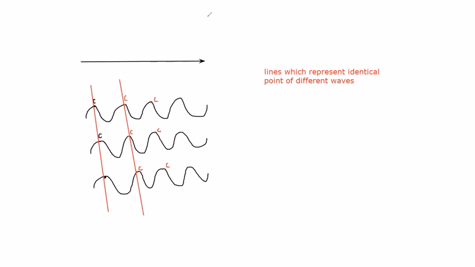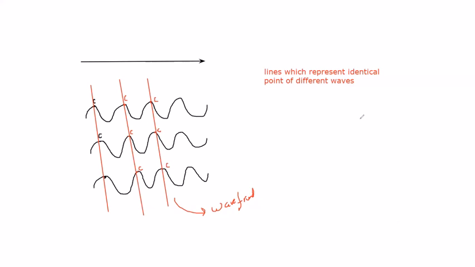If I join these identical points together by a line, I will call this line a wave front. Because practically it is difficult to draw a lot of waves, it is convenient to draw the wave front.